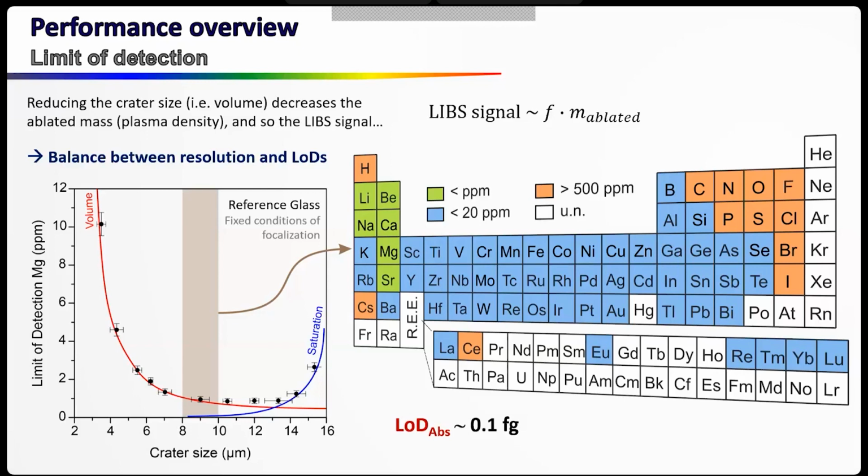But let's say magnesium, for example, as shown here, a fraction of a nanogram of ablated matter, 1 ppm limit of detection, gives you an absolute limit of detection in the range of a fraction of a femtogram, hundreds of attograms in one shot. So this technique is not so bad.